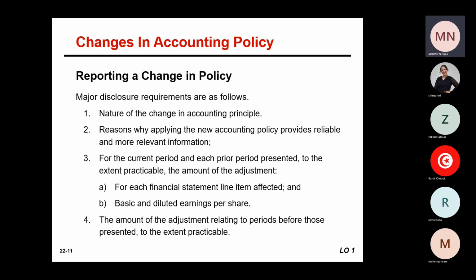The amount of the adjustment should be what? For each financial statement line item affected. Again, every item in the financial statements that was affected by that change, and for all the prior periods presented, to the extent, as I said, practicable, because you may sometimes not be able to provide that information for more than 2 years, etc.